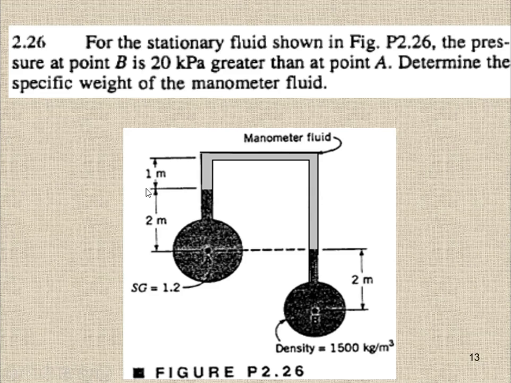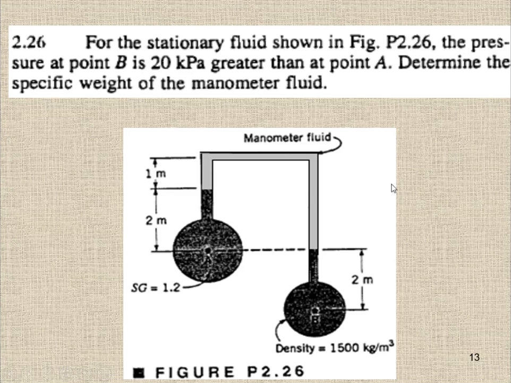So I take the datum here, or we can take the datum here as well. There is no problem, it's up to you. Whatever datum you take, normally we take the datum from the point where everything is known.